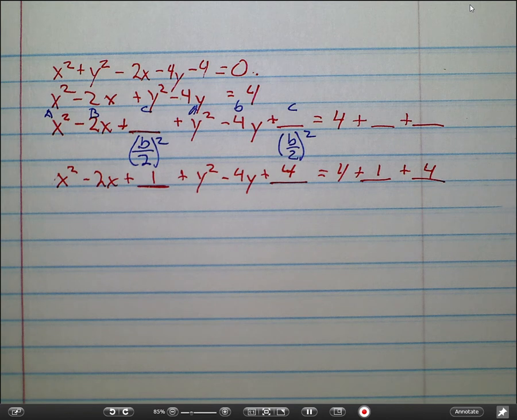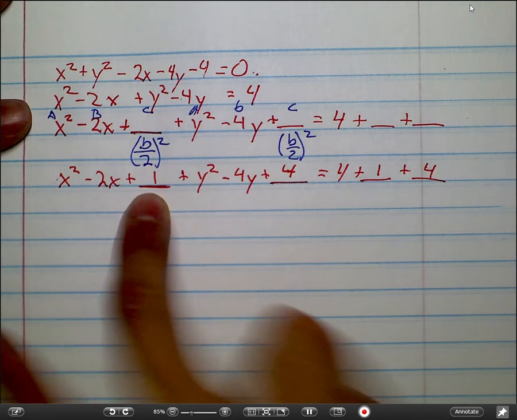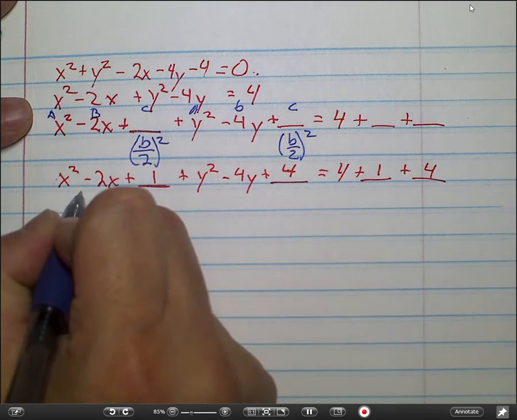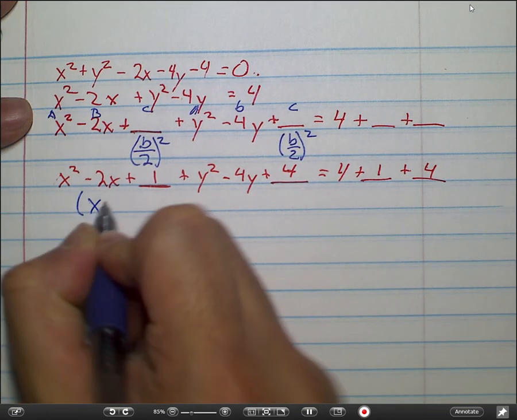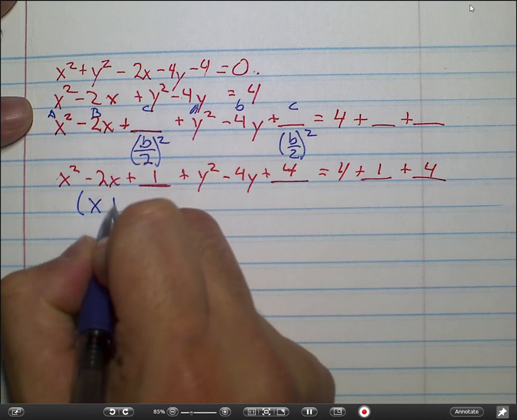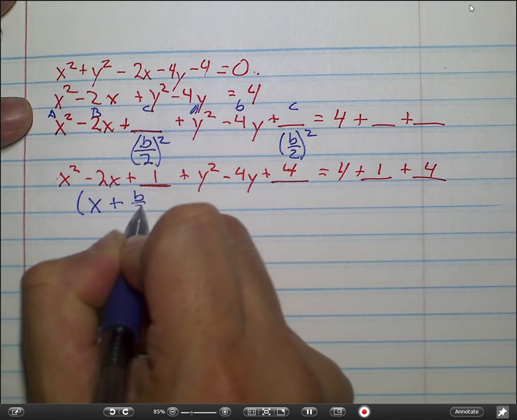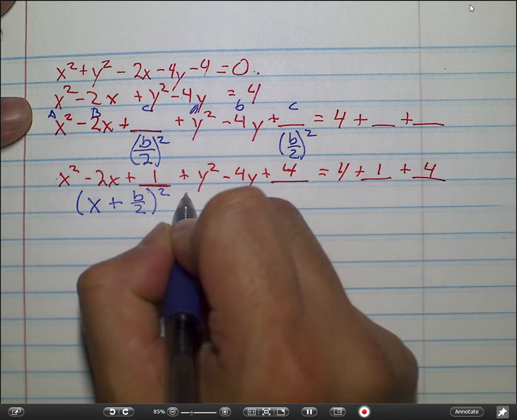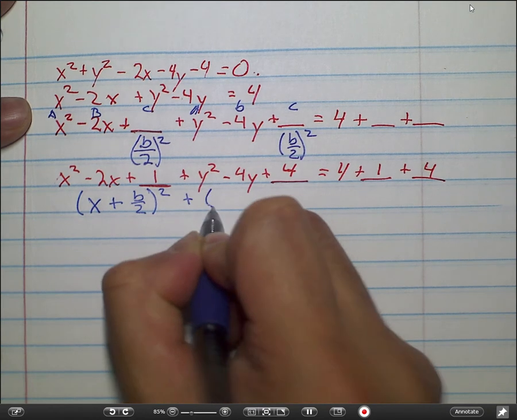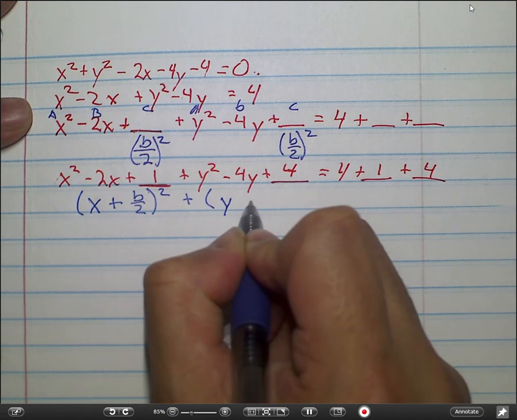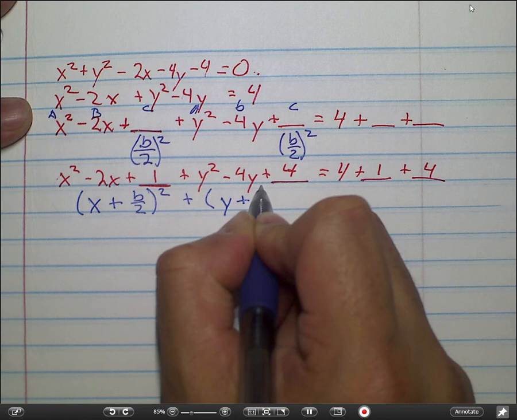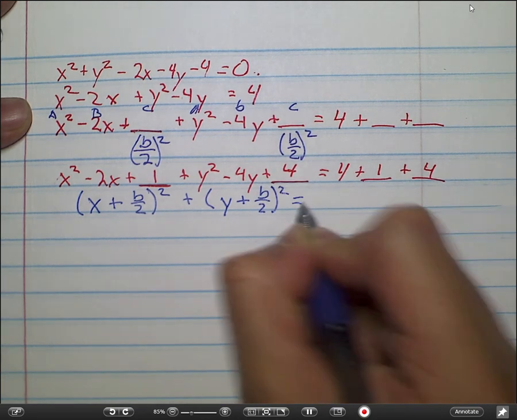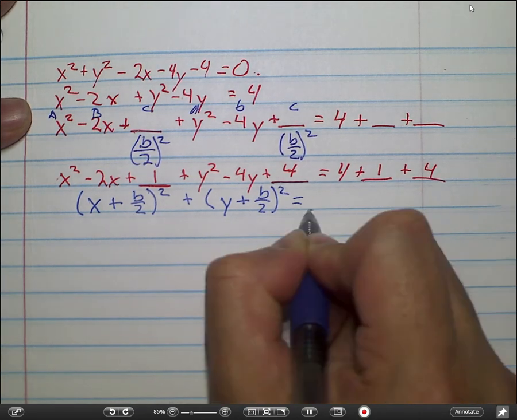So, what I'm actually doing here on this next thing, the process is going to be x, and then it's going to be plus b over 2, close square, plus parentheses, y, plus b over 2 squared equals all of that.